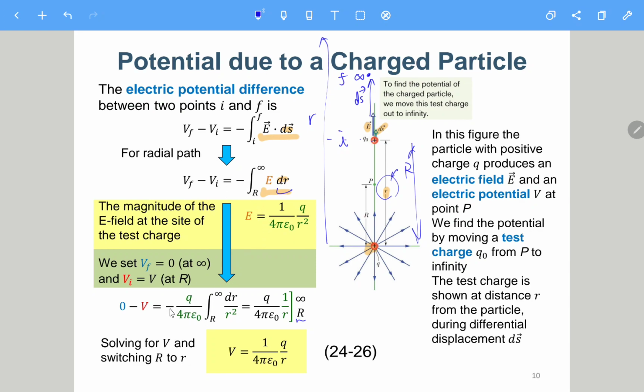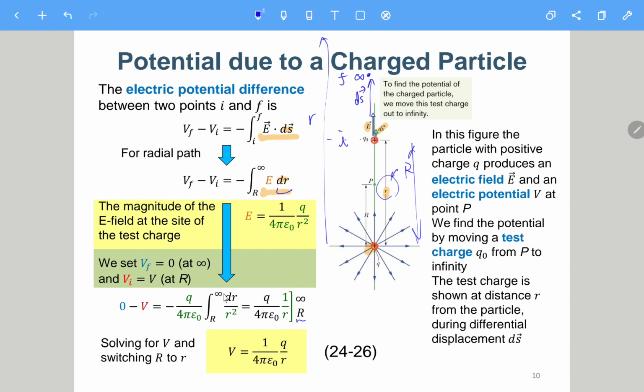Here we also have a negative sign, and then integration of dr over r squared. So all the things are pretty much there. These are the terms in green color. And then the remaining thing is integration of dr over r squared from capital R to infinity.